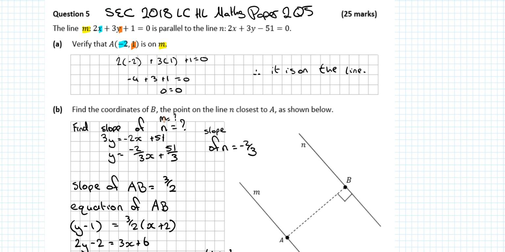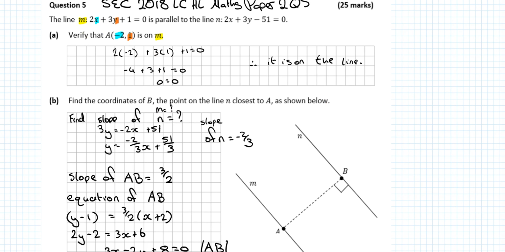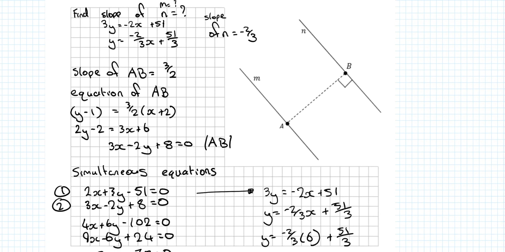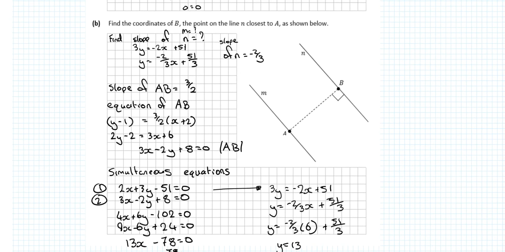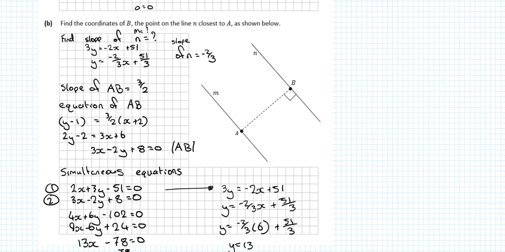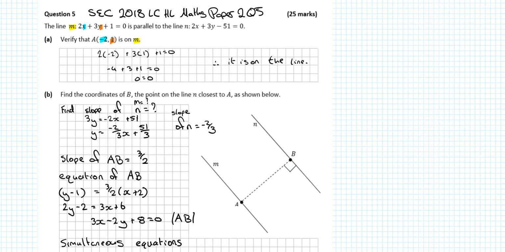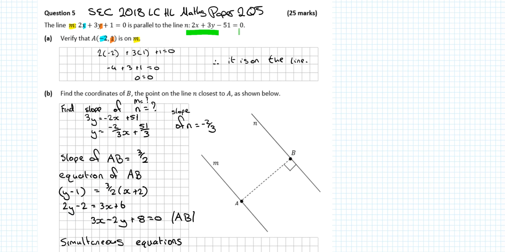Find the coordinates of B, the point on the line N closest to A, as shown below. Okay, well, this is a little bit more difficult. So the question is, B is on N, this line that is given.